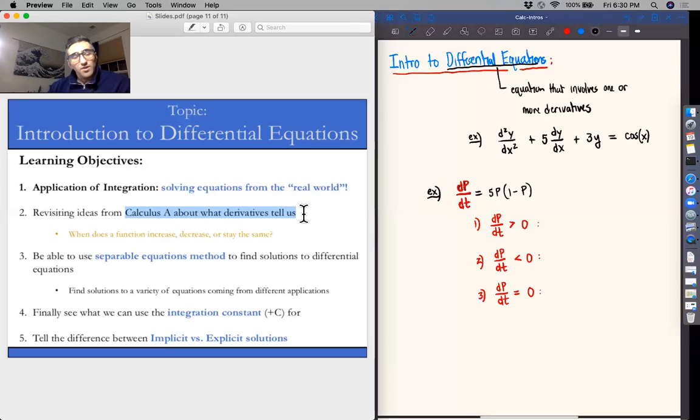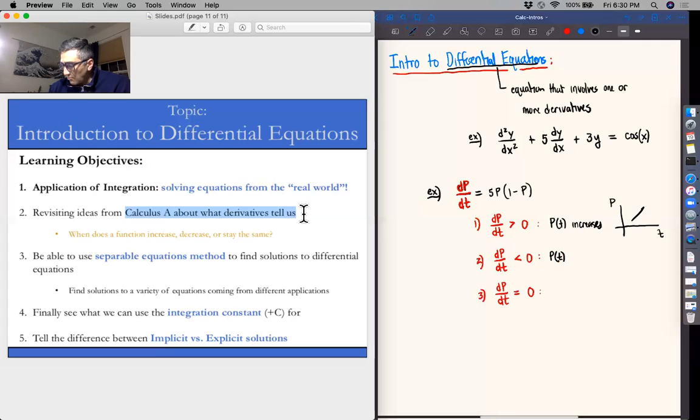When the derivative is positive, we know our function p increases, which literally means if we had a sketch of p against our independent variable t, at some point the derivative is positive and the function is increasing.